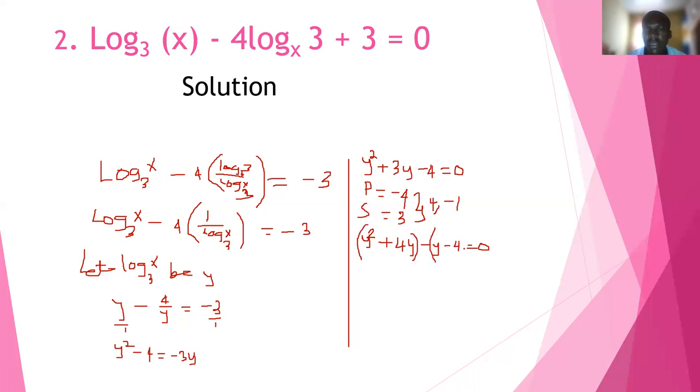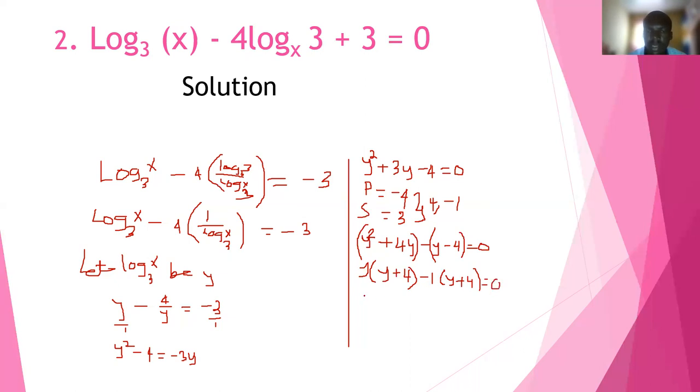So therefore, you will be able to get the common factor here is y, which is y plus 4 minus 1 into y plus 4 is equals to 0.